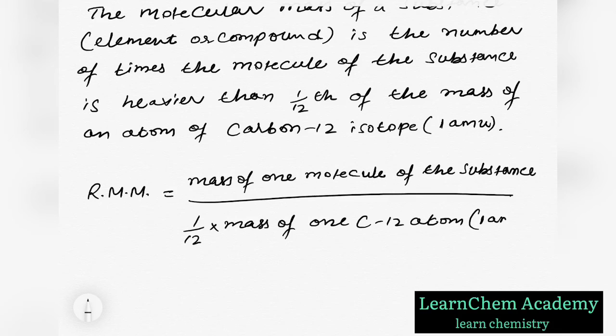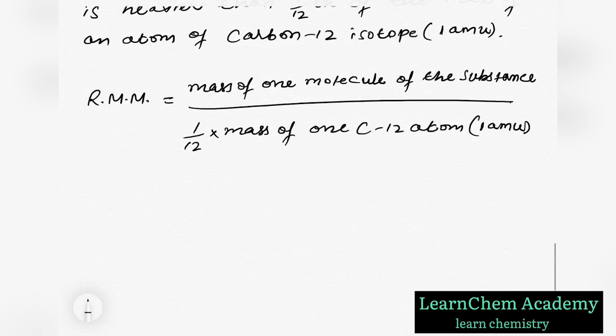This is 1 amu. So in the case of the oxygen molecule, the mass is 2 into 16, which is 32 amu. This is the molecular mass of oxygen.